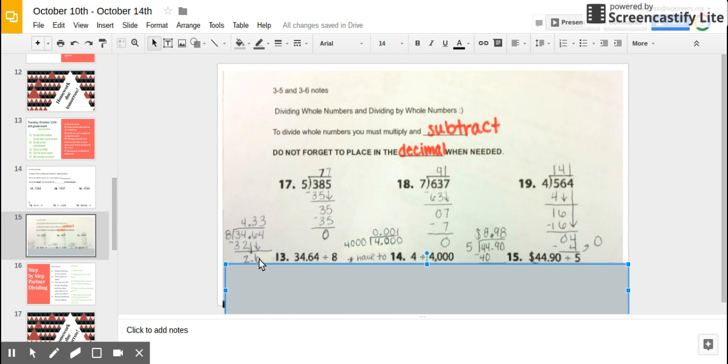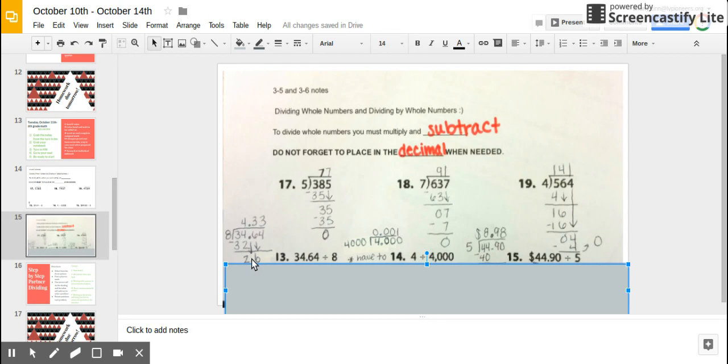Drop down your 6. Just don't even worry about the decimal. You drop down your 6, and you look at it as 26, not 2.6. But since you crossed over your decimal, you need to quickly put a decimal in your answer before you forget about it. Again, once you cross over your decimal, so we crossed it here when we dropped down the 6, you have to put a decimal in your answer.